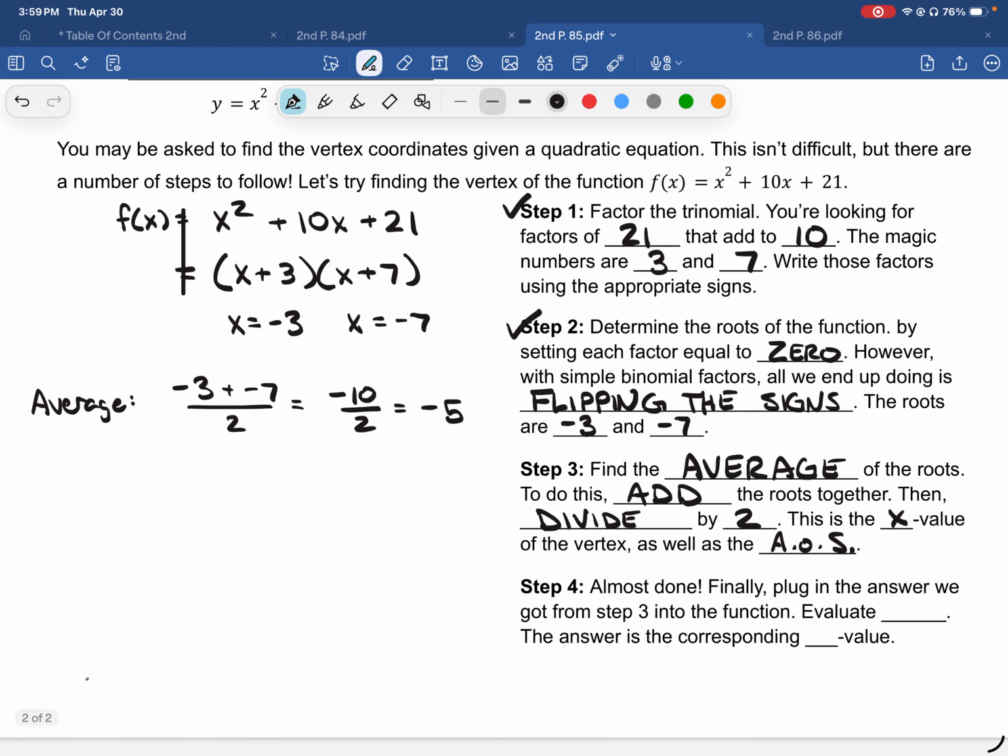So I know my final answer is going to start with -5 comma something. Just need to figure out what the y-coordinate is.